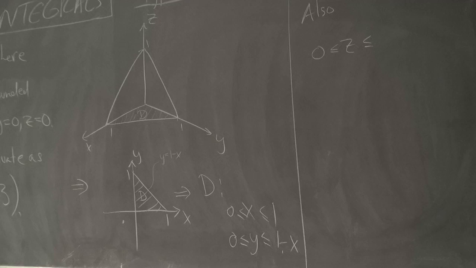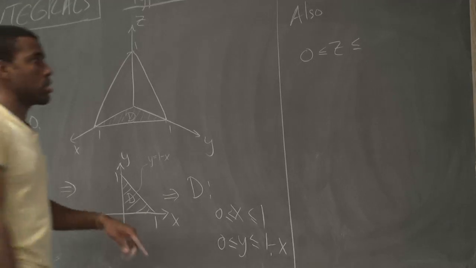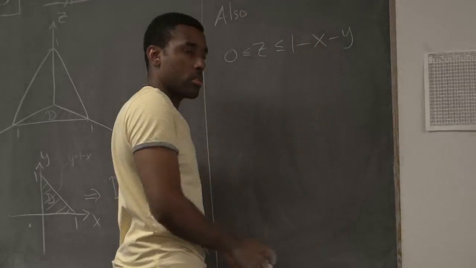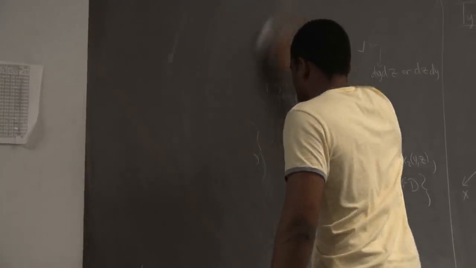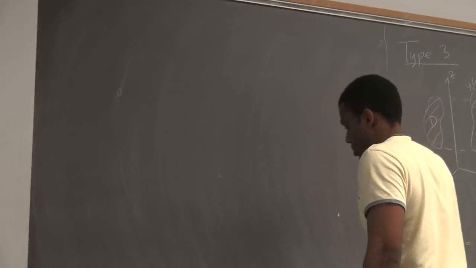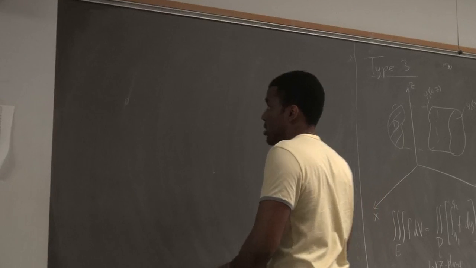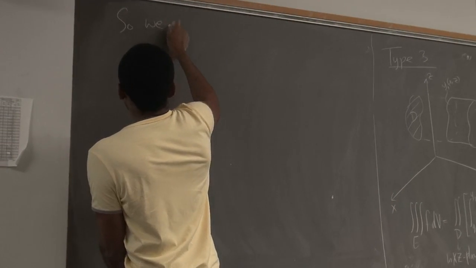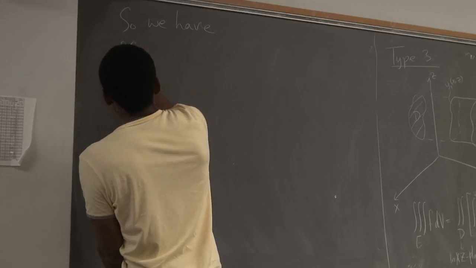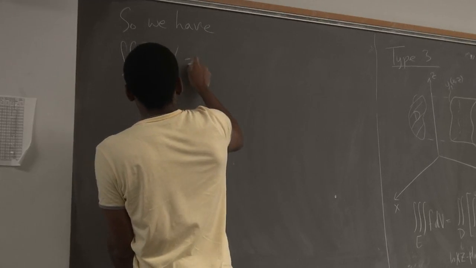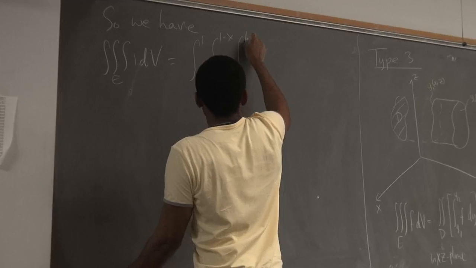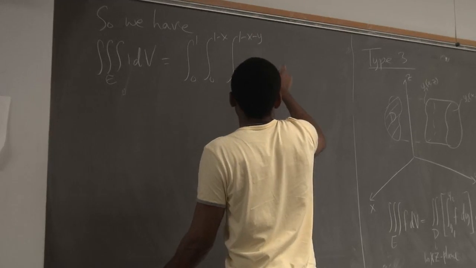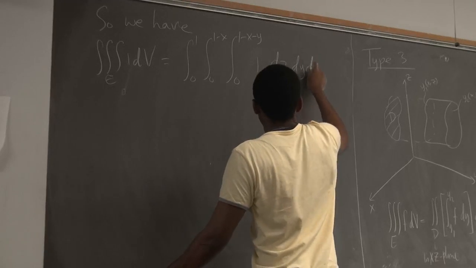And the plane is going to be Z equals 1 minus X minus Y. So what this integral looks like: X from 0 to 1 minus X minus Y of the function 1 dz dy dx.